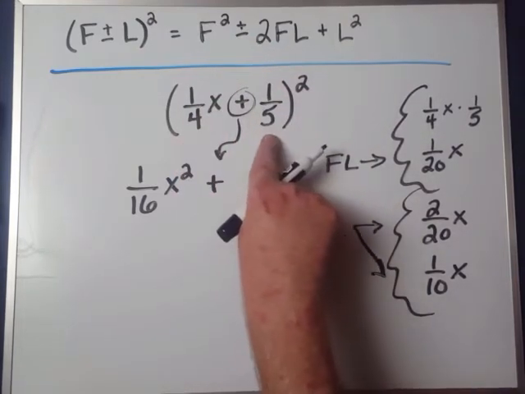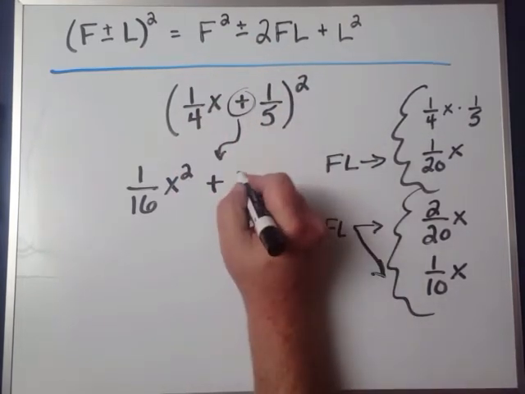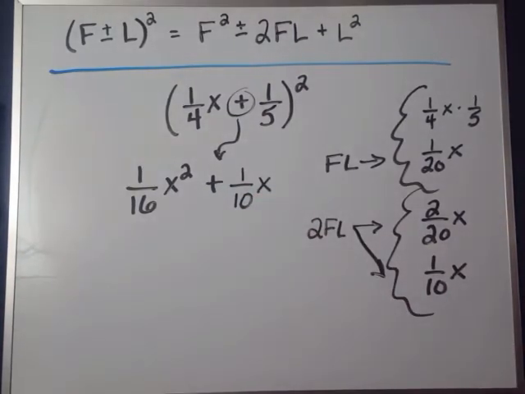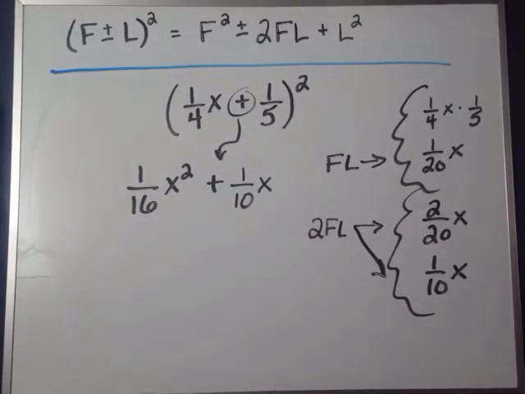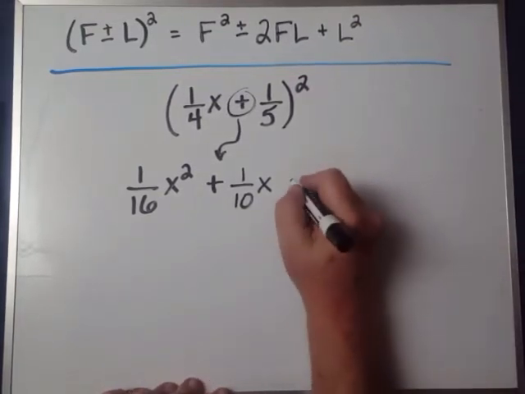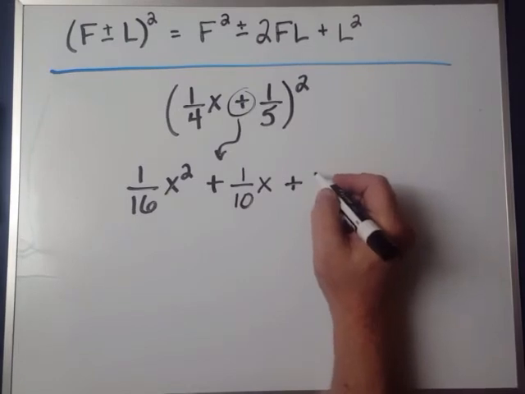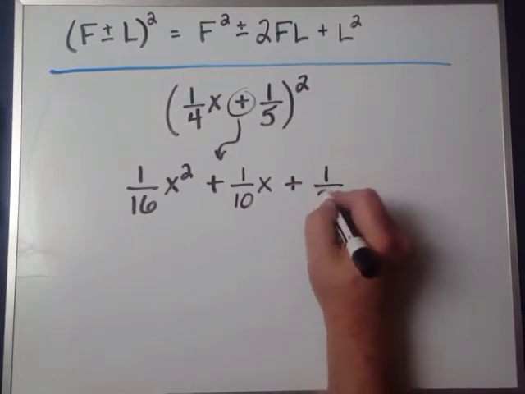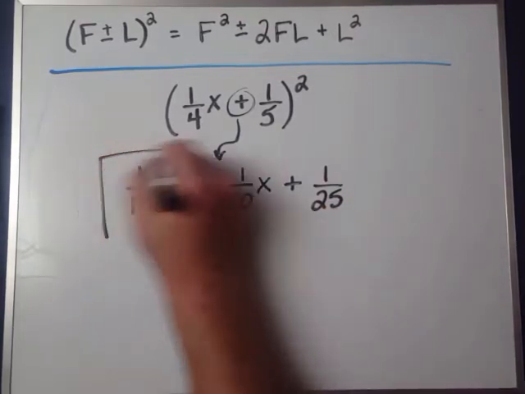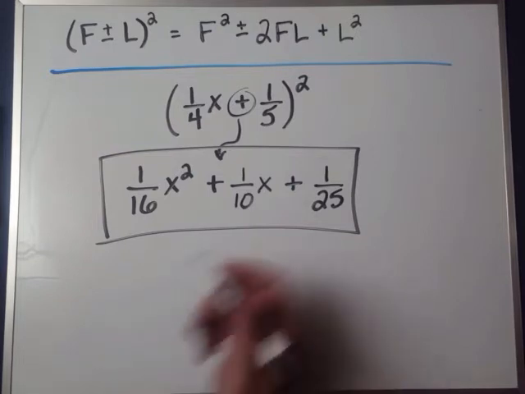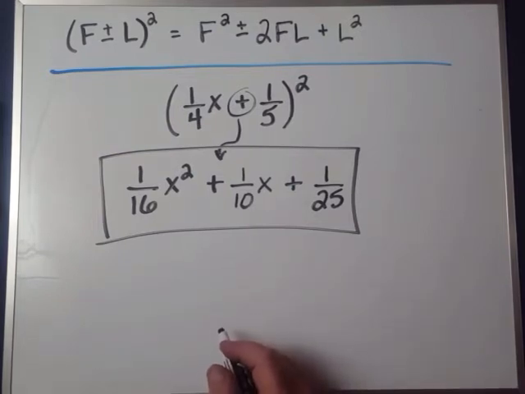The first times the last is 1/20th x. Doubled is 1/10th x. And always plus. And now square the last. You square a fraction by squaring the top, squaring the bottom. That even makes easy work out of a problem like this.